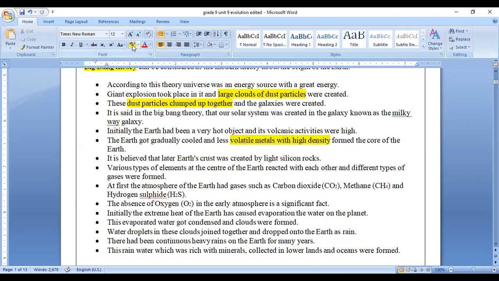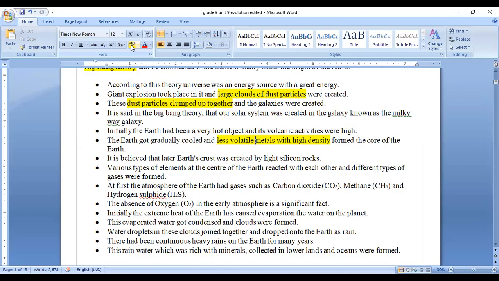Who settled in the middle of the Earth? Less volatile metals with high density. You have to read this wording, less volatile. Okay, they came to the center of the Earth. So they came to the center of the Earth. Still now in the Earth center, who is there? Less volatile metals with high density.